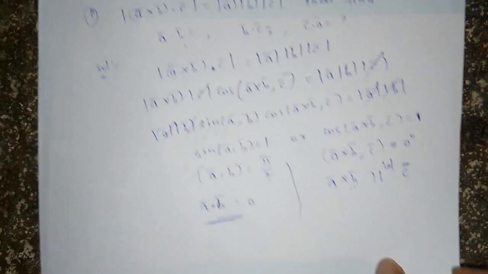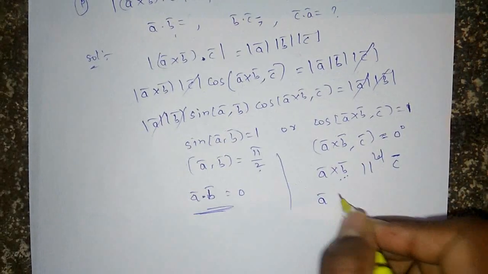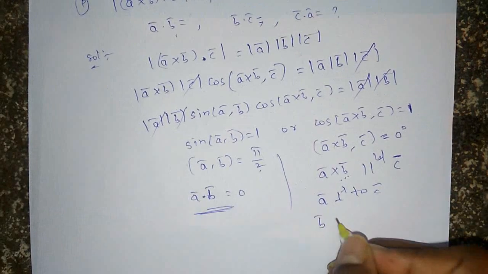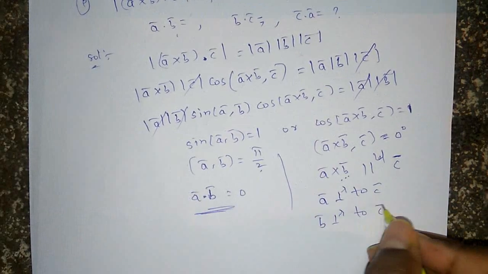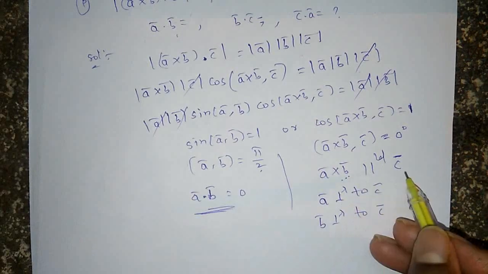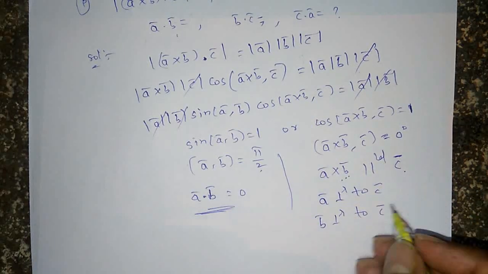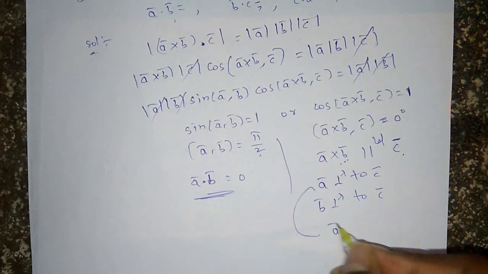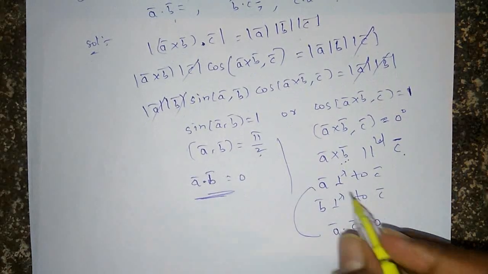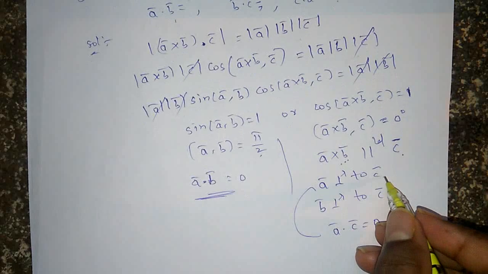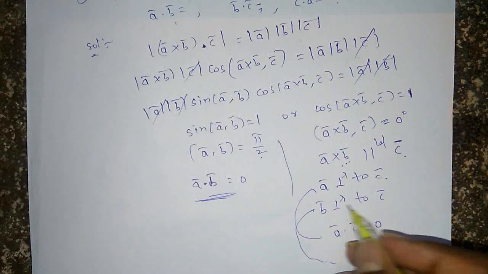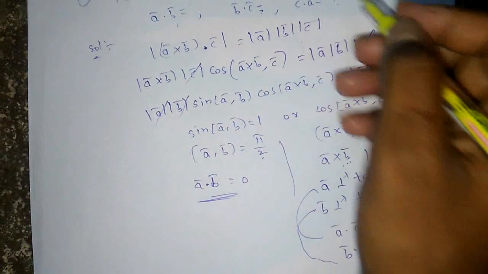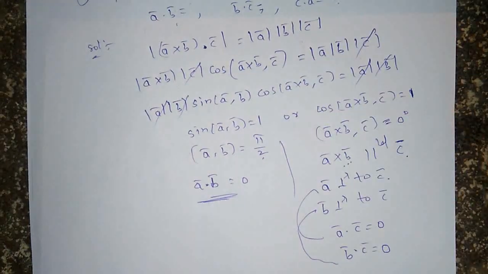So I can write here A bar is perpendicular to C bar and B bar is also perpendicular to C bar. Why? Because A cross B is parallel to C bar. So A perpendicular to C means A bar dot C bar is 0. Perpendicular means the angle between them is 90 degrees. Similarly, B is also perpendicular, so B dot C is also 0. So I got three values.